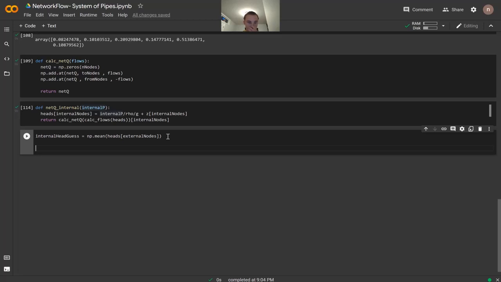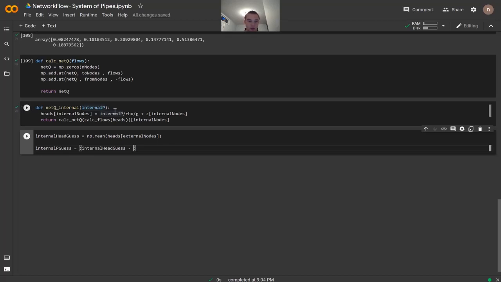And then from this internal head guess, we can get a good internal pressure guess, which then will help us calculate our flows. So internal pressure guess, we'll call this internal P guess, and that will be equal to our internal head guess minus the elevations at our internal nodes times rho times g.